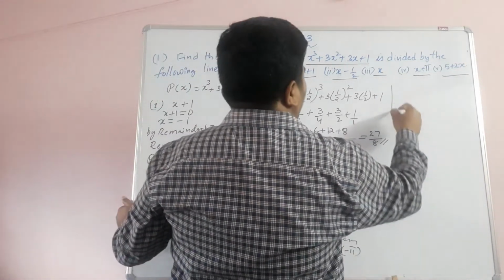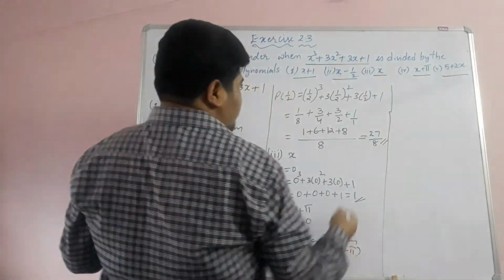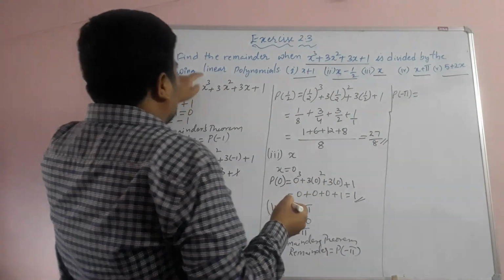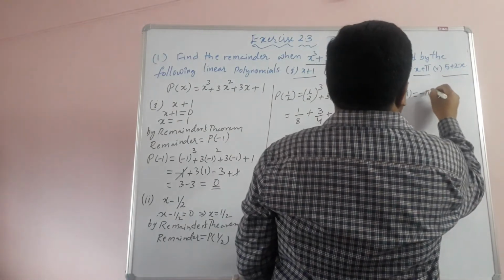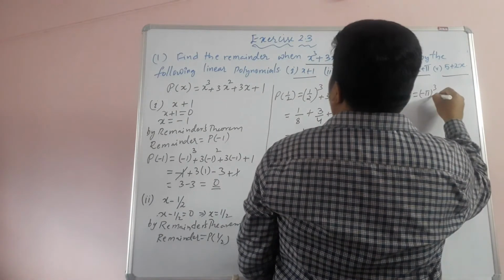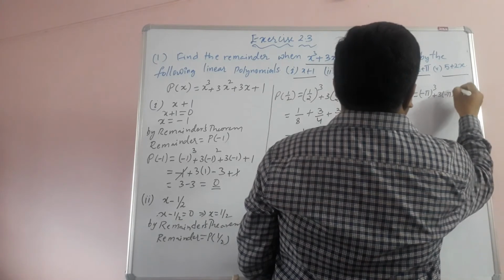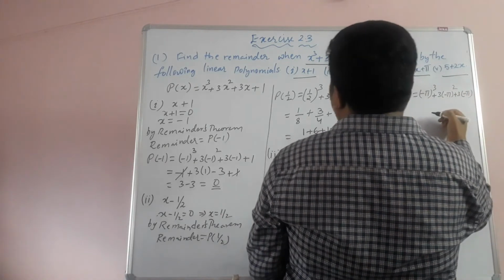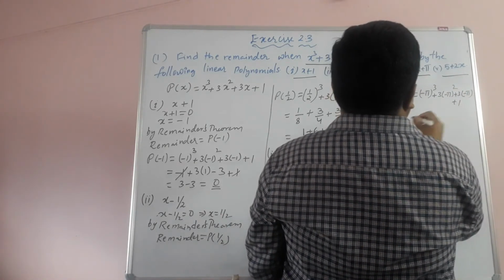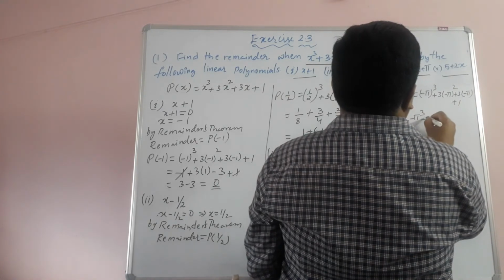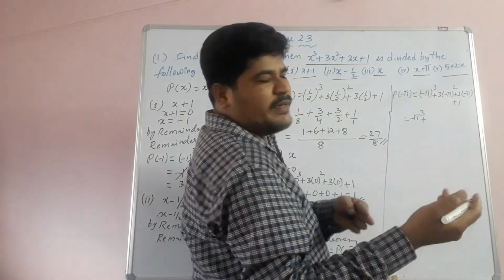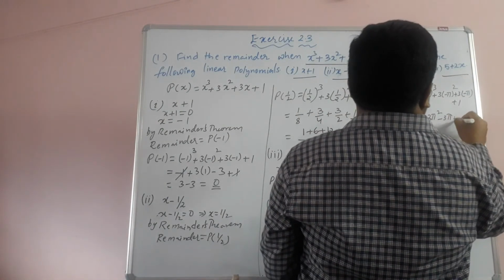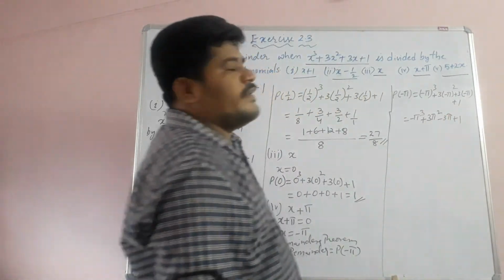P of negative pi is equal to minus pi cube plus 3 into minus pi square plus 3 into minus pi plus 1. So minus pi cube plus 3 pi square minus 3 pi plus 1. So children, this is the remainder.